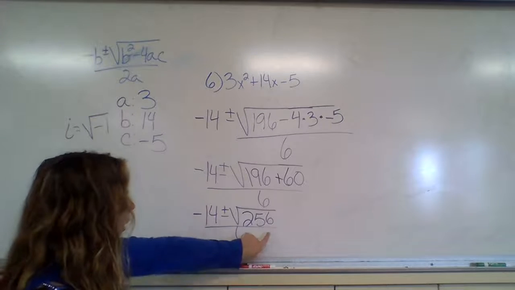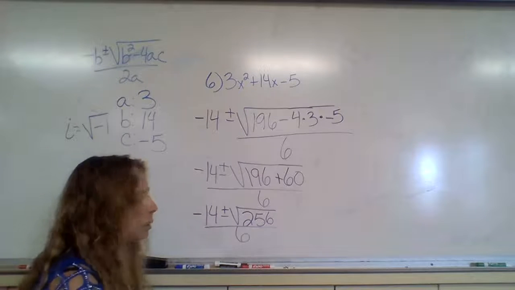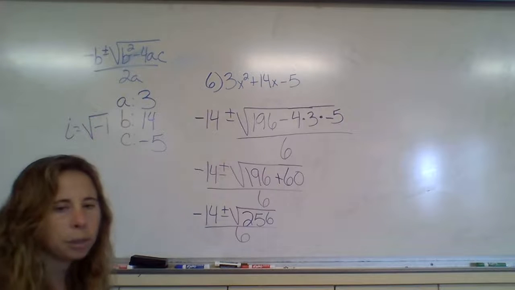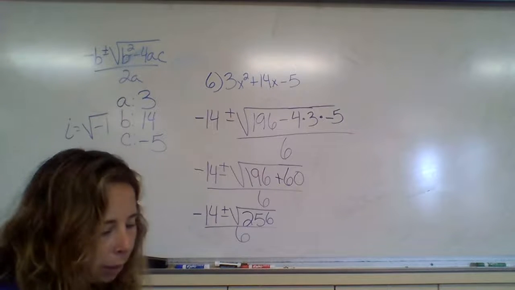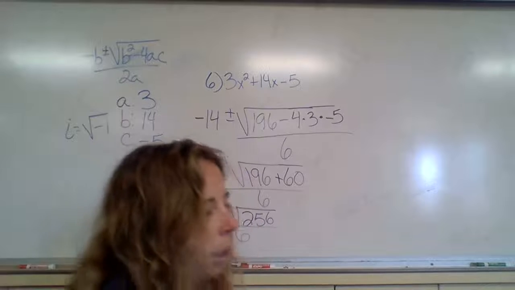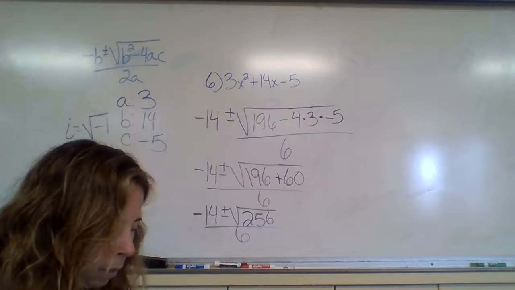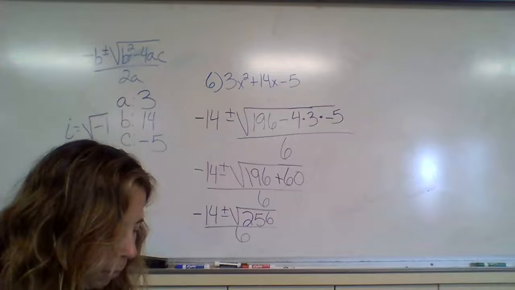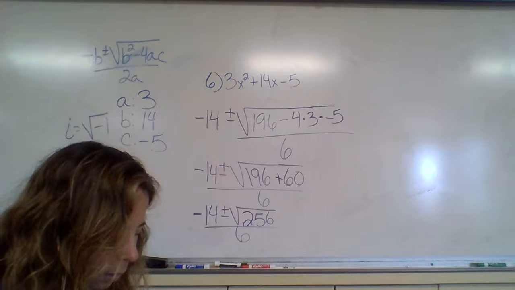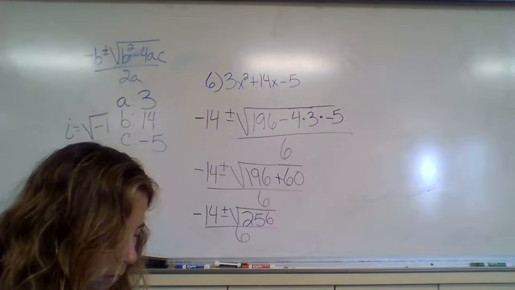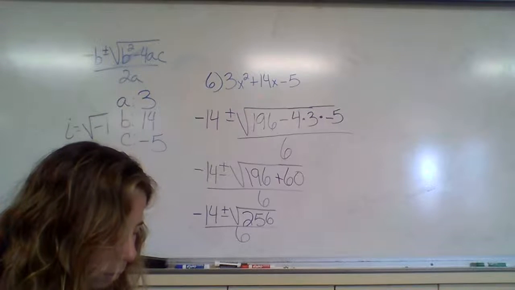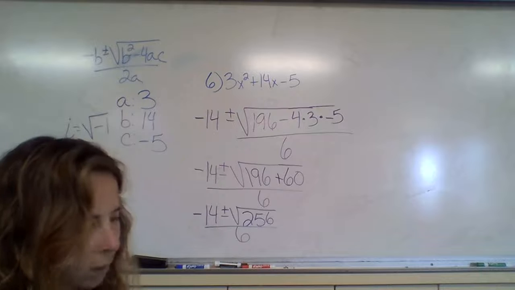So let's think about 256. Is 256 a perfect square? If you don't know off the top of your head, which it is a perfect square, I'm pretty sure. I think it's 16 times 16. Let me check. Yes.